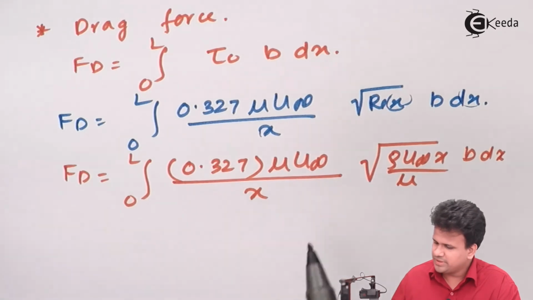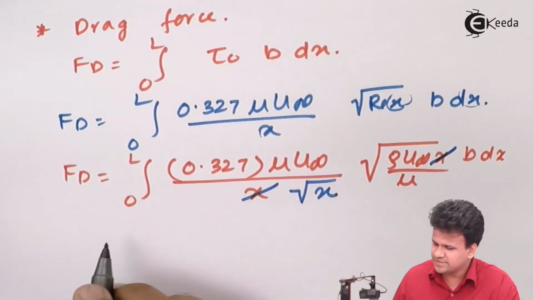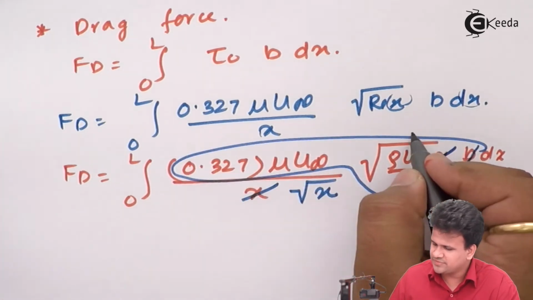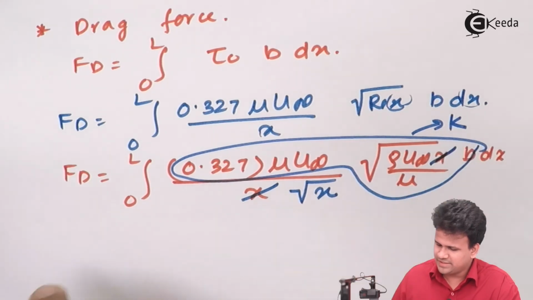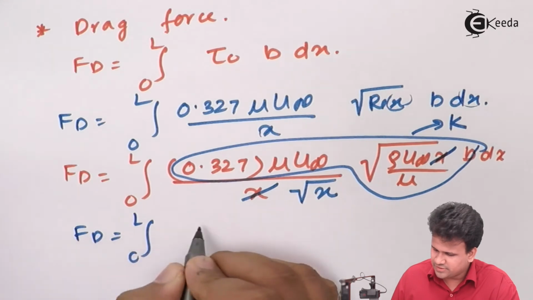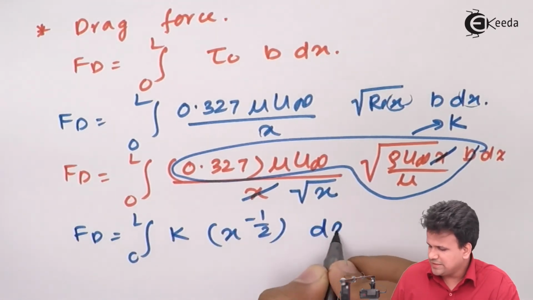So over here this x and this x will give square root of x. Let us consider this entire portion as the value of k and let us integrate this. So we need not write it all over again. Integral 0 to L k x raised to minus 1 by 2 into dx.